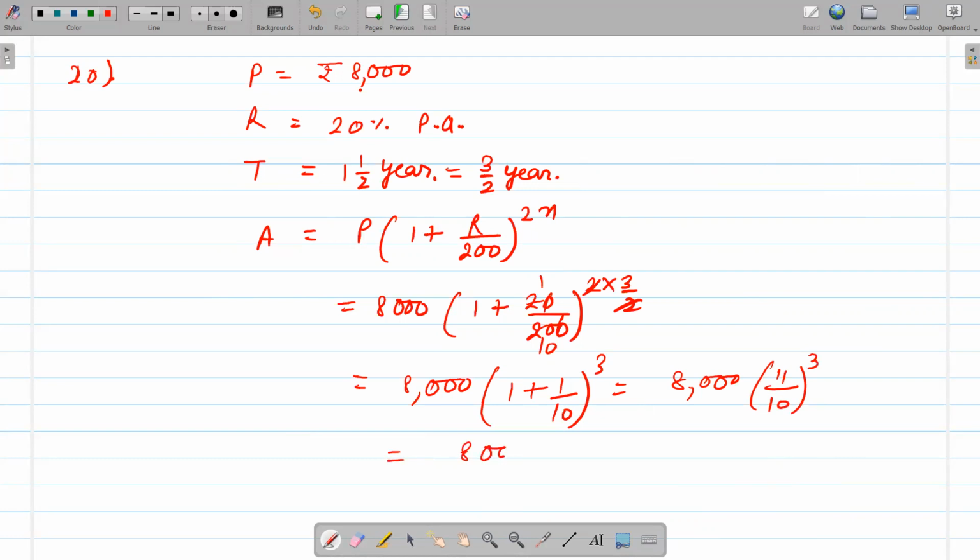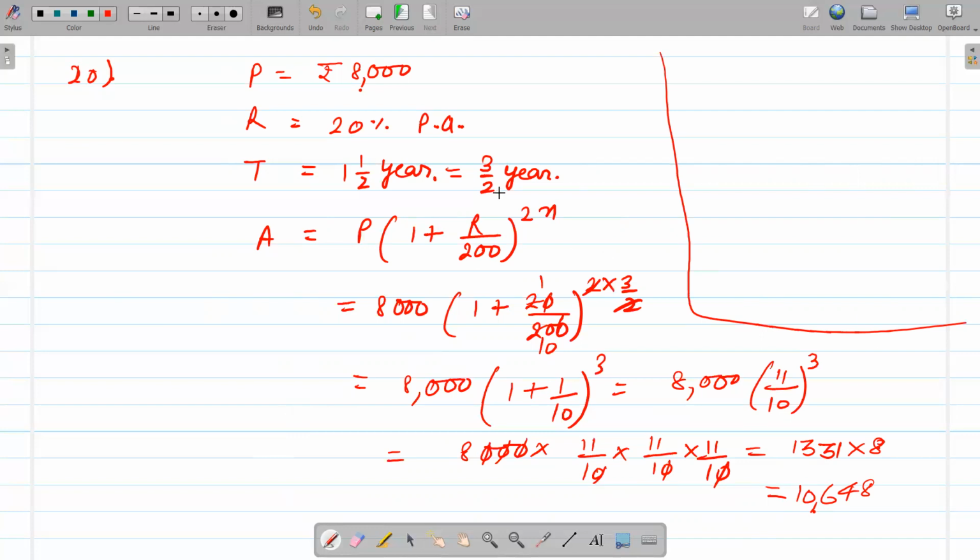So 8,000 into 11/10, 11/10 and 11/10. So 1, 2 and 3 zeros cancel, and 11 into 11 into 11 is 1,331, into 8. 10,648 will be your amount, and I also have to find the compound interest.